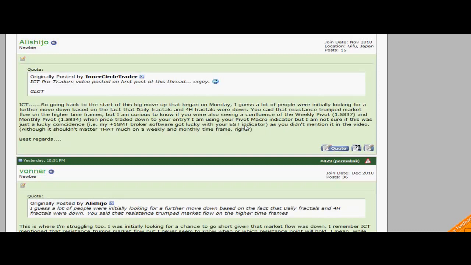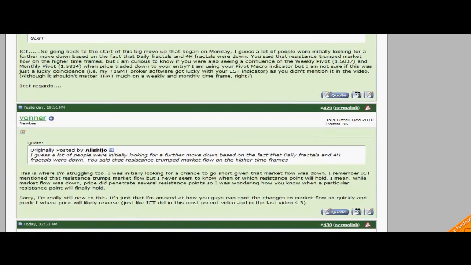It seems that a few of the followers have been struggling with market flow and intraday direction, and when it trumps market flow, or vice versa, when you don't use market flow and you use your higher time frame support and resistance levels.